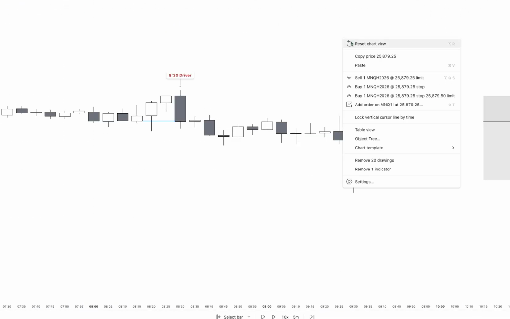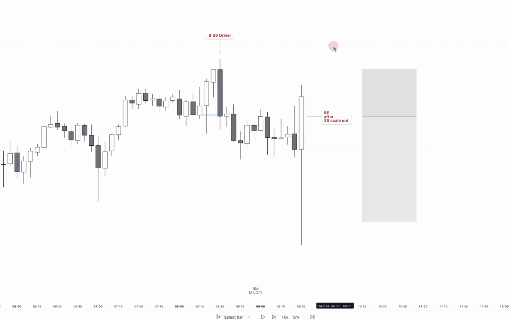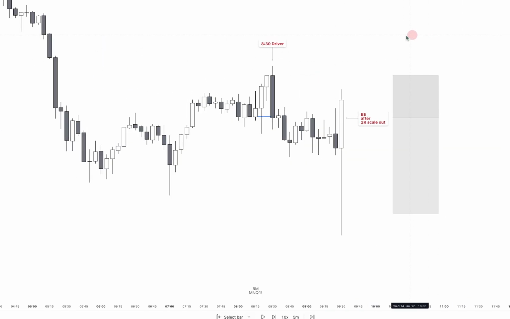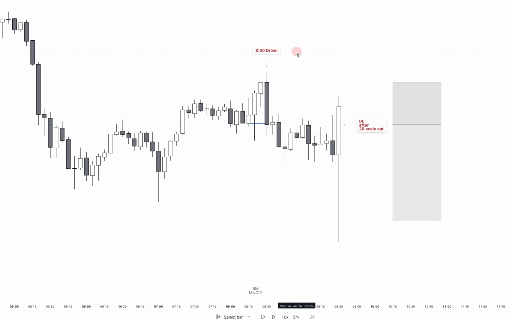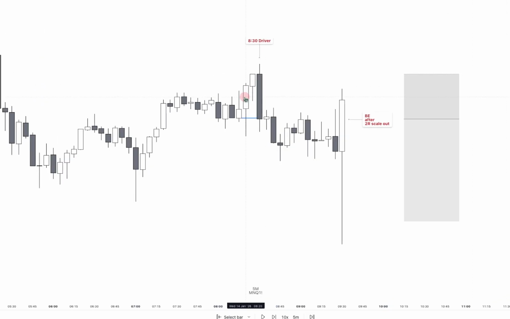When we go into my execution time frame, you have here, this is the close of the candle prior to candle 1, basically. This is candle 1 closure, and candle 2 has a driver, which is 8:30, which was news, right?